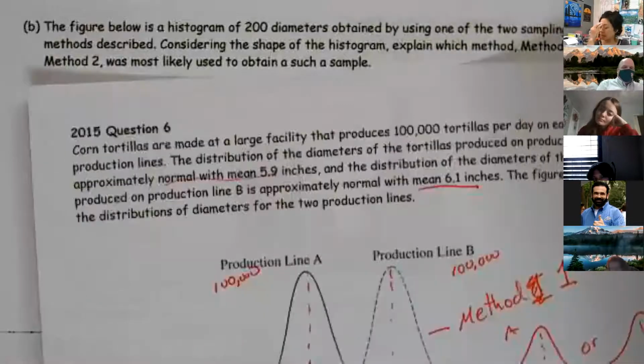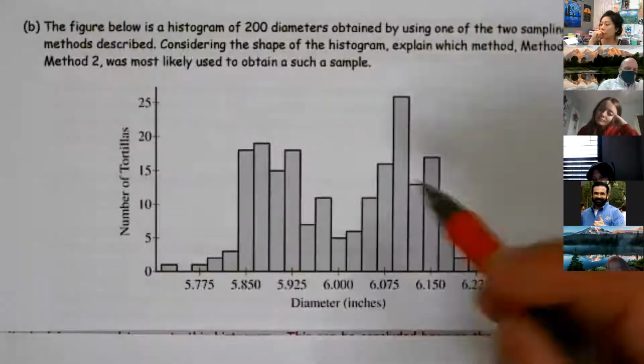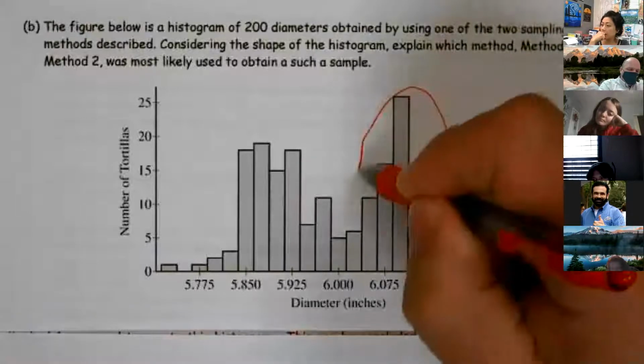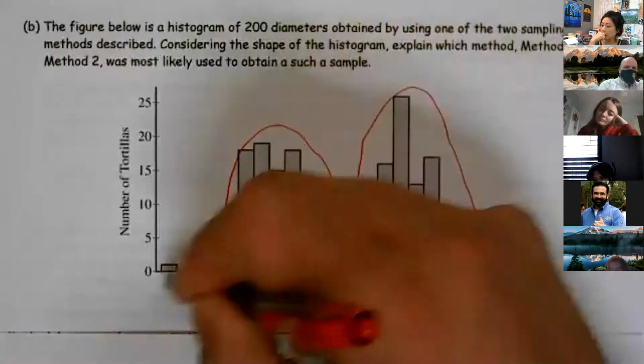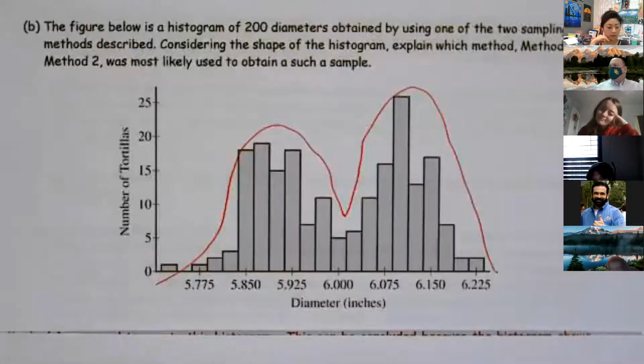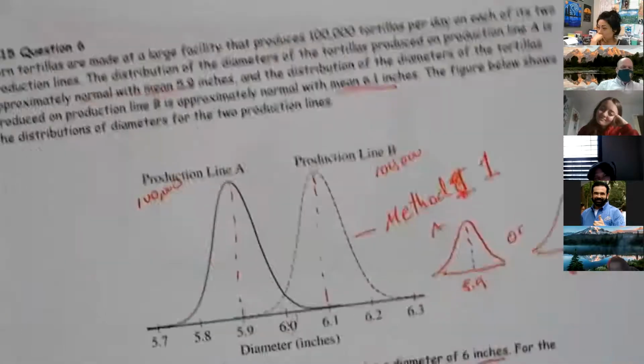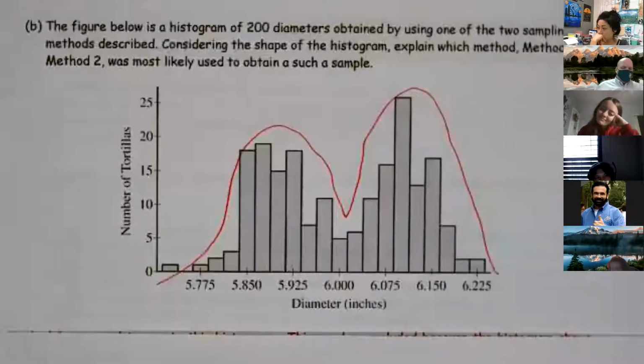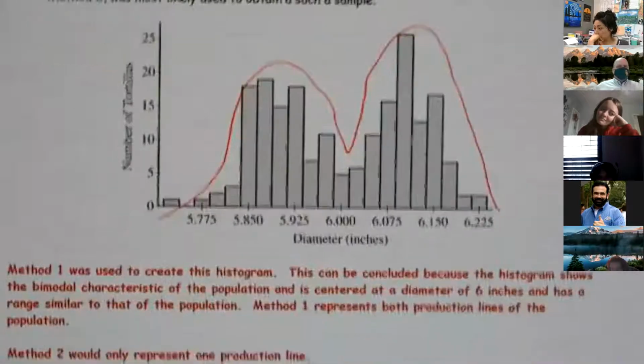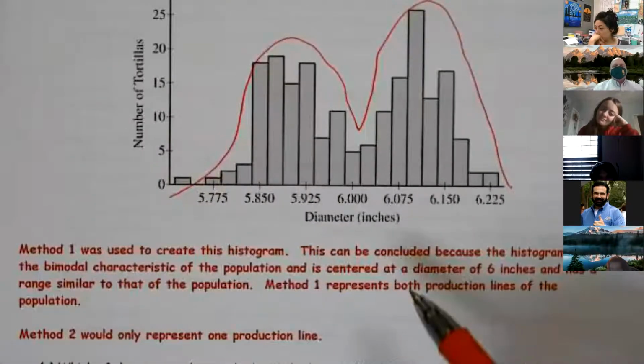While it's not a beautiful curve, I can look at this and go, you know what? 2 peaks, bimodal. And we already said when we read this that method 1 would be the one that gives us 2 peaks. So I'm guessing that this is method 1.